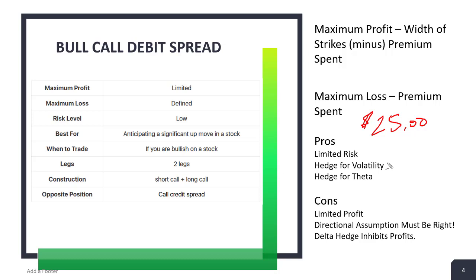Anybody ever got in a debit spread, saw the losses were much bigger than you expected, and then panic on the trade? And then you're in trouble, right?